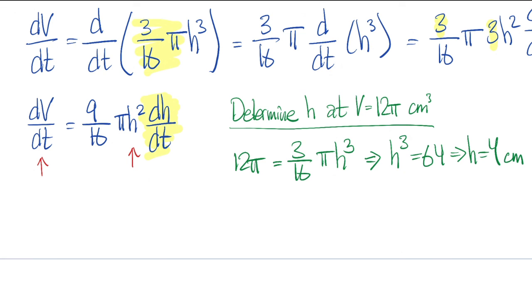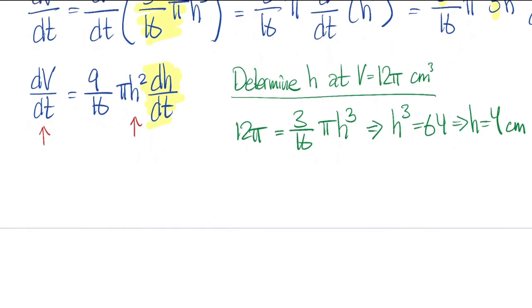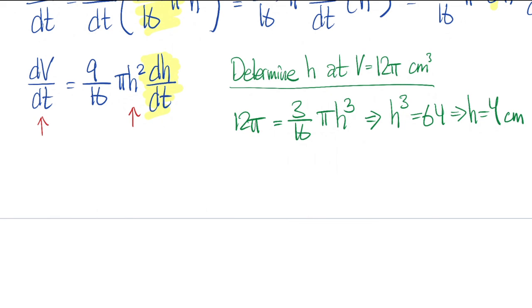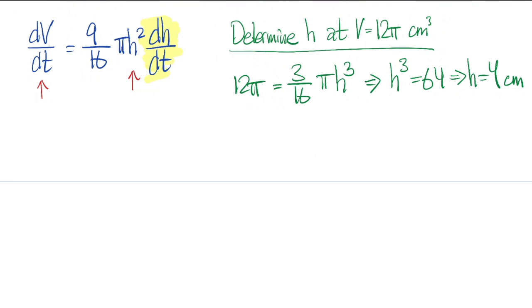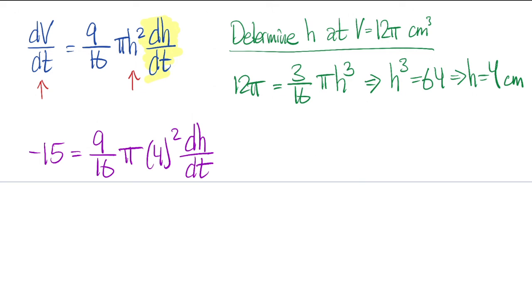So now we know h, and we can just go ahead and plug it into our differentiated equation. So dV/dt was negative 15 equals 9 over 16 times pi times the height of the water level, which we just determined was 4, squared, times dh/dt.